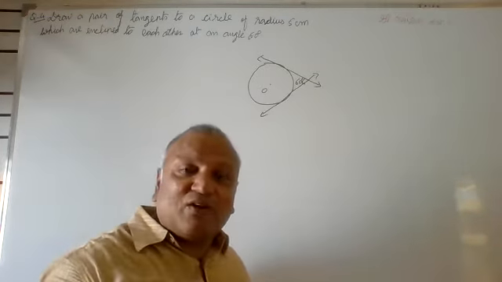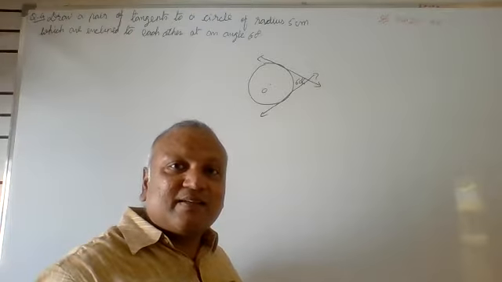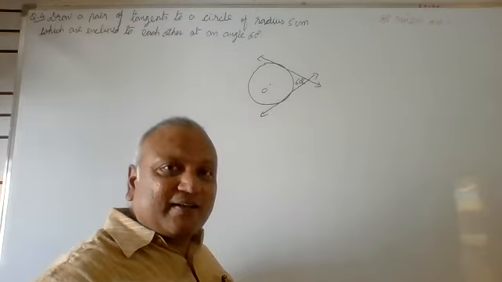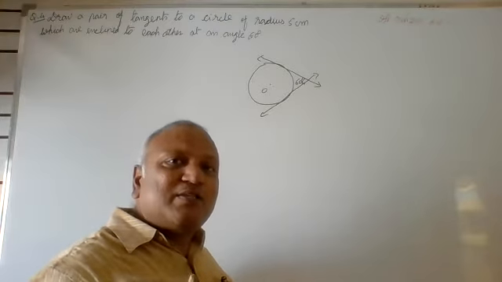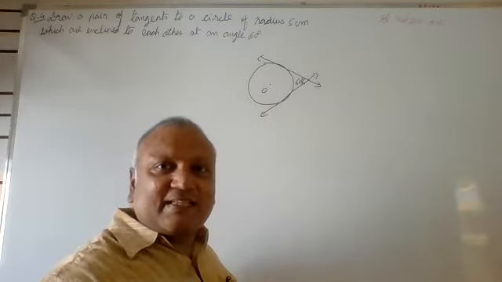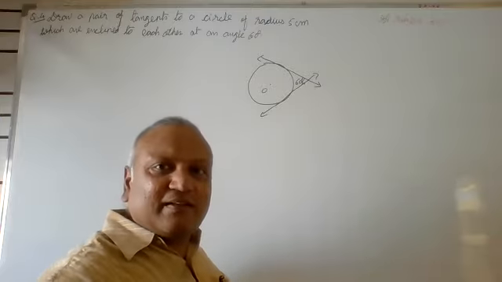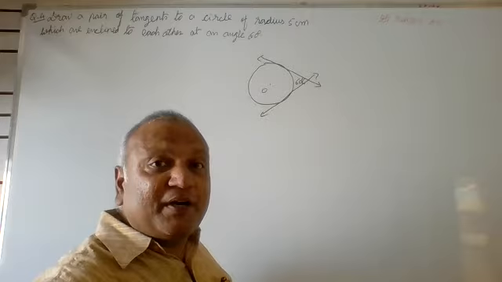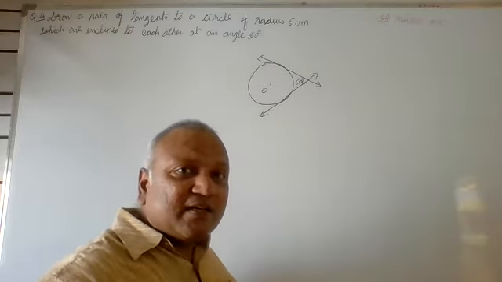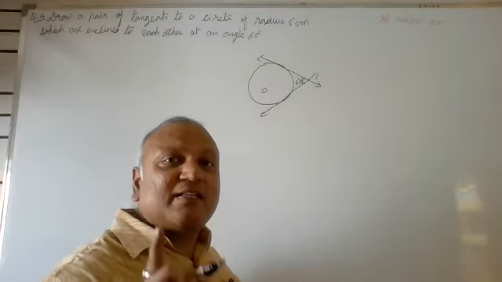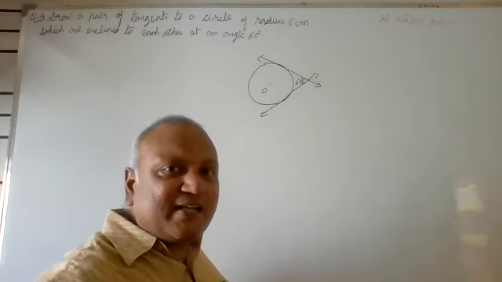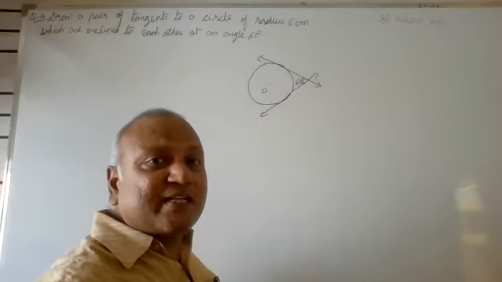Do you know the meaning of cyclic quadrilateral, friends? Try to remind, beta. Yes, the quadrilateral whose all vertices are on the same circle is called a cyclic quadrilateral, and the property of a cyclic quadrilateral is that opposite angles are supplementary. We have to catch that sentence: opposite angles are supplementary.